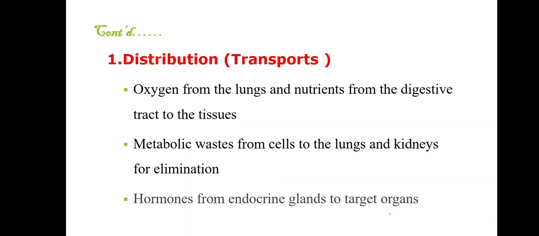It also plays a critical role in transportation of hormones from endocrine glands to target organs. Remember, when we're talking about endocrine glands, we're talking about ductless glands, where they don't have ducts. They just use blood so that these hormones can reach their target organs. That was the distributive, which is the transport function of blood.